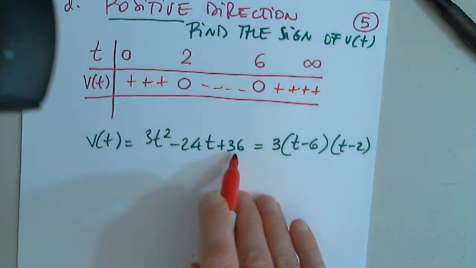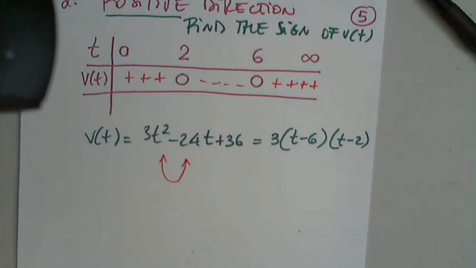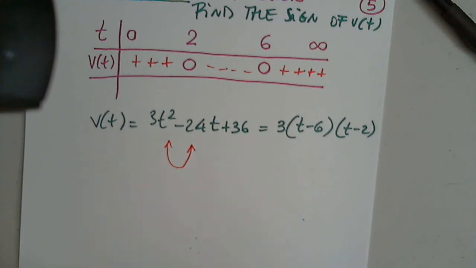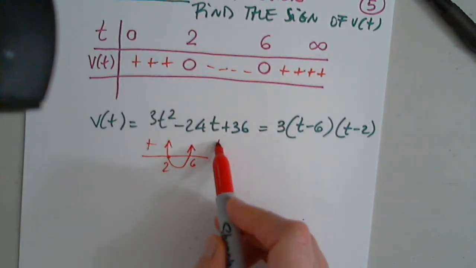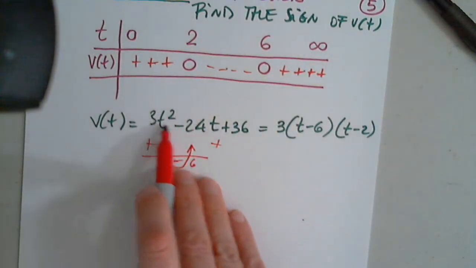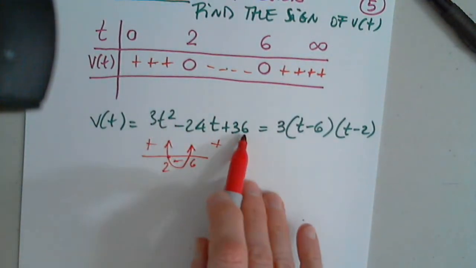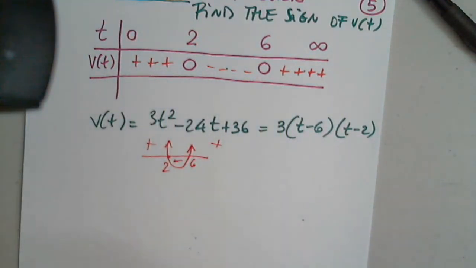Right. We don't really have to plug in anything. This is a quadratic function with a positive leading coefficient, so it opens up. And if it crosses at 2 and 6, it's positive outside and negative in between. That's the easiest way to think about it. But because we're not going to be able to graph all possible functions, there are other ways, and I'll show you later.